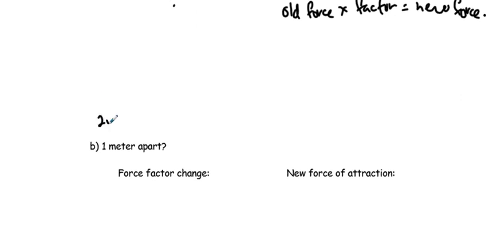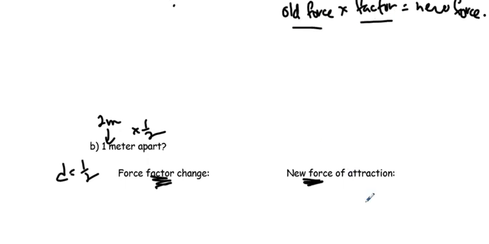So when I'm going from 2 meters apart to 1 meter apart, of course, that's times a half. So for the distance, it's going to be half times. So over here, you'll write down the force factor, and then figure out the new force by taking the old force multiplied by that factor to get the new force. All right? So that's how you handle this last page.